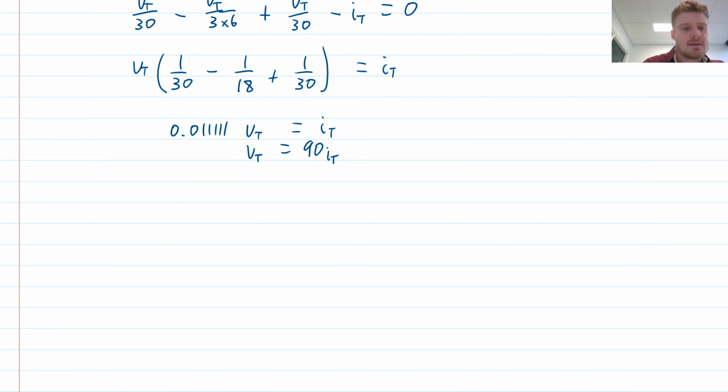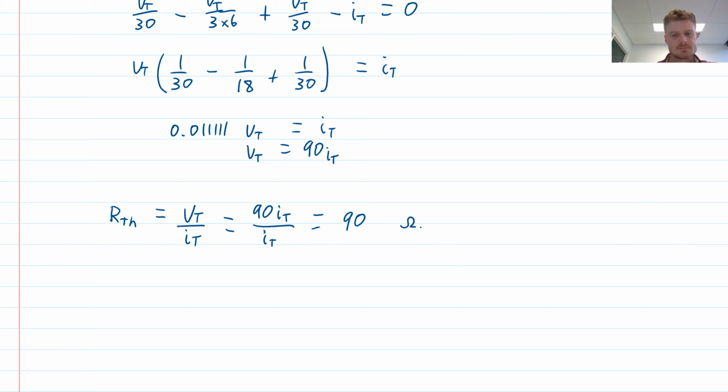So this tells me that the Thevenin resistance is going to be my test voltage divided by my test current. So that one is 90 times It divided by my test current, which was It, which is just 90 ohms.